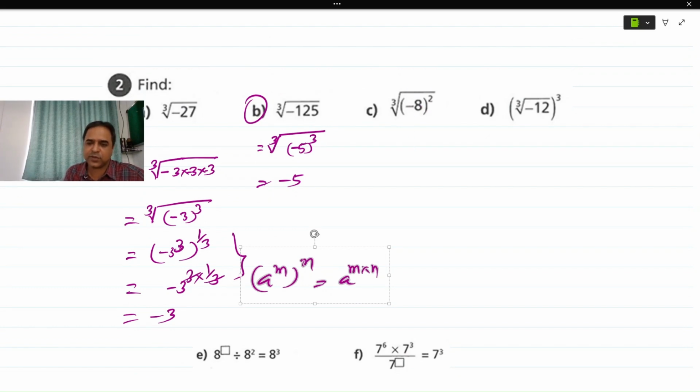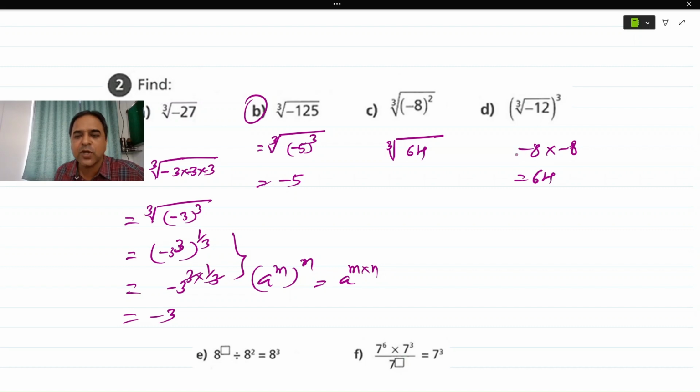In this case, we will take it this way. Minus 8 square will give you 64, because minus 8 multiplied by minus 8 results into positive 64, because you are aware that when two negative numbers are multiplied it results into a positive answer.